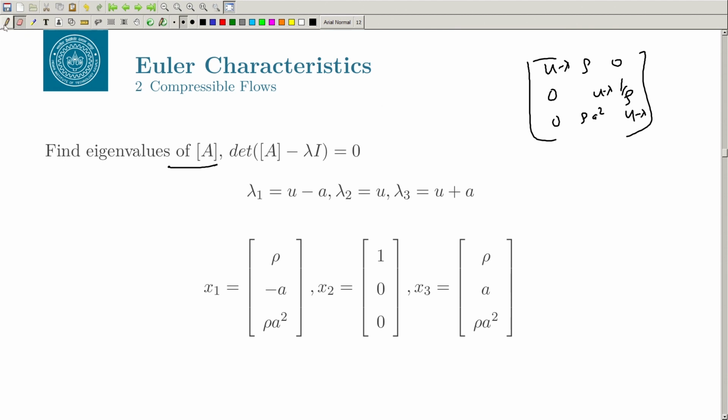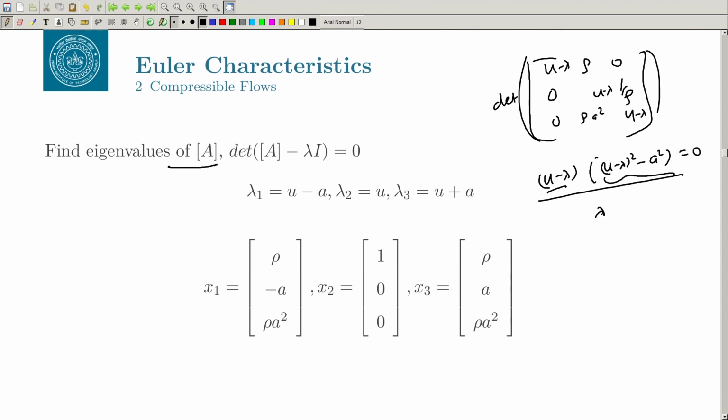Okay, not the matrix, but the determinant. You can see if you do this, it will become (u minus λ) times ((u minus λ) squared minus a squared) equal to 0. It will have 3 eigenvalues: one is u minus λ equal to 0, so λ equal to u, another is λ equal to u plus a, and the third is λ equal to u minus a.